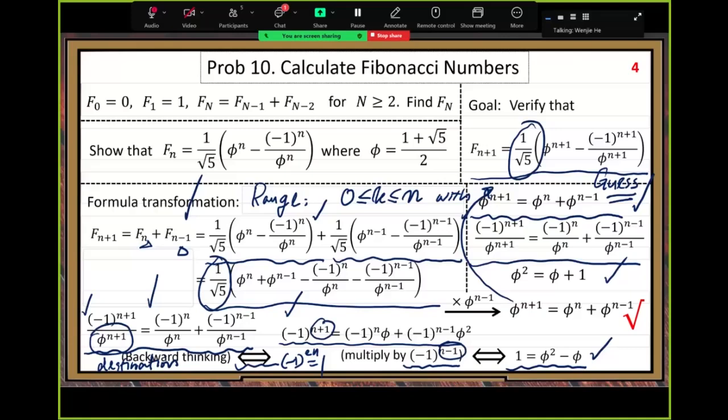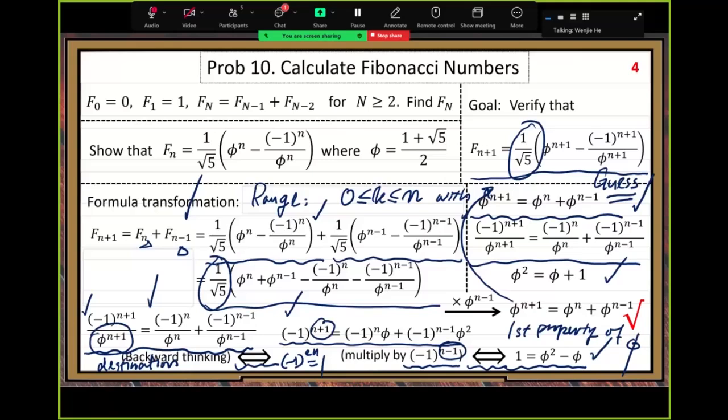The first property of phi is correct. So because the deduction goes both ways, if the last one is correct, then our backward thinking works, because both-way deduction is correct. So the last equality is correct.